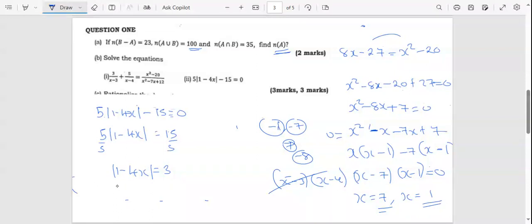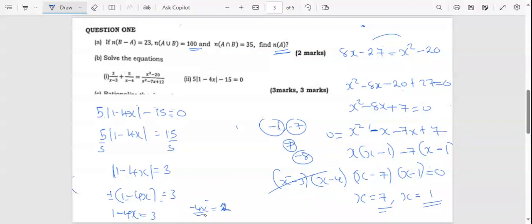So what we do here, for us to remove this absolute, I'll say positive or negative, open bracket, 1 minus 4x, is equal to 3. So for the first choice, I'll get a positive, so I'll just get it the way it is. So I'll have 1 minus 4x, which is just positive, is equal to 3. Then we cross multiply there, that will give you, negative 4x is equal to 2, because when the 1 goes, that will be 2.